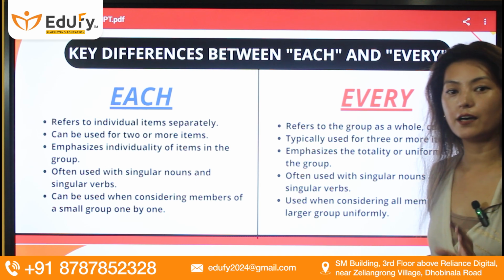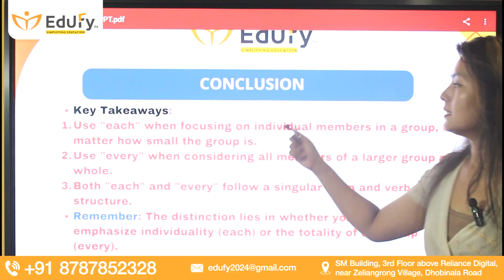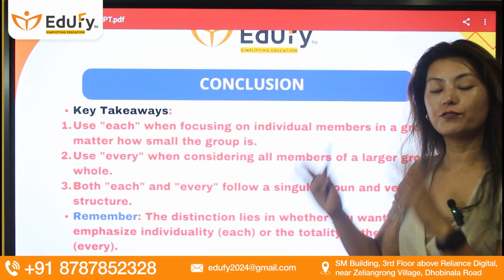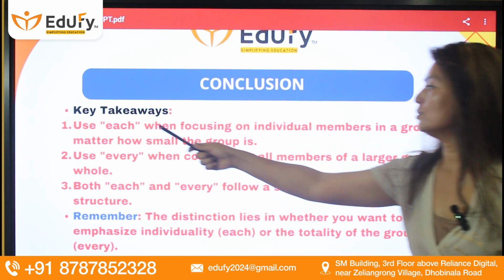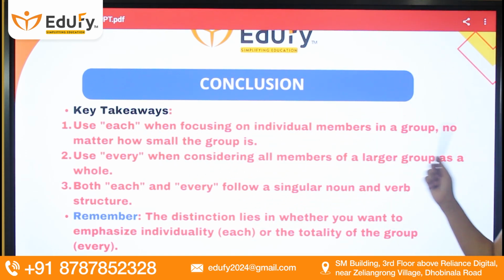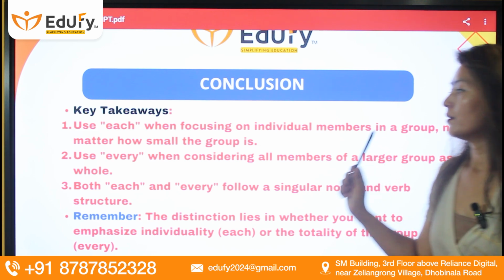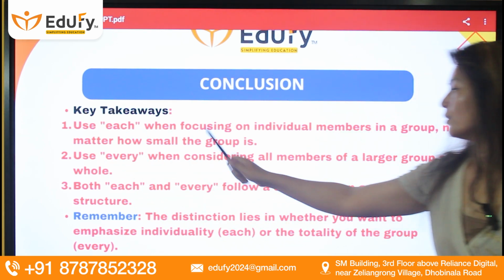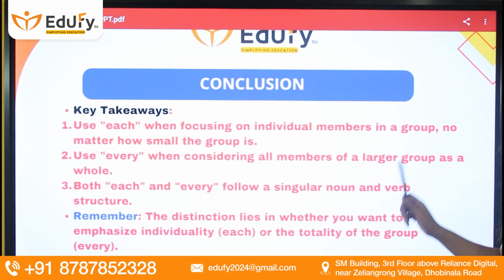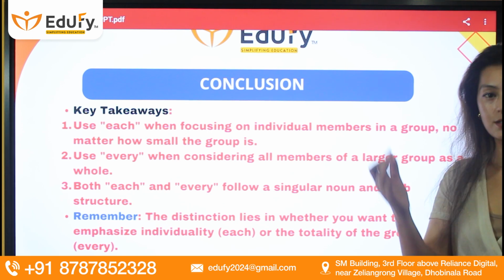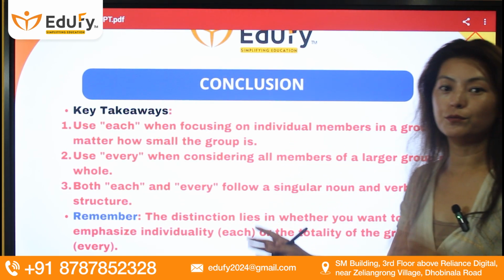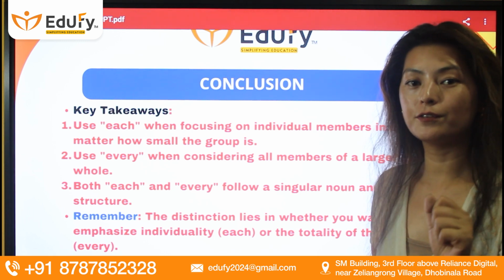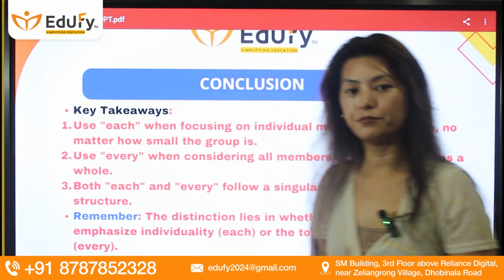Now, finally, we have the conclusion. The key takeaways of this entire topic: point number 1, we use each when we're focusing on individual members in a group, and we use every when we're considering all the members of a larger group as a whole. The third point is that both each and every will follow a singular noun and a singular verb.